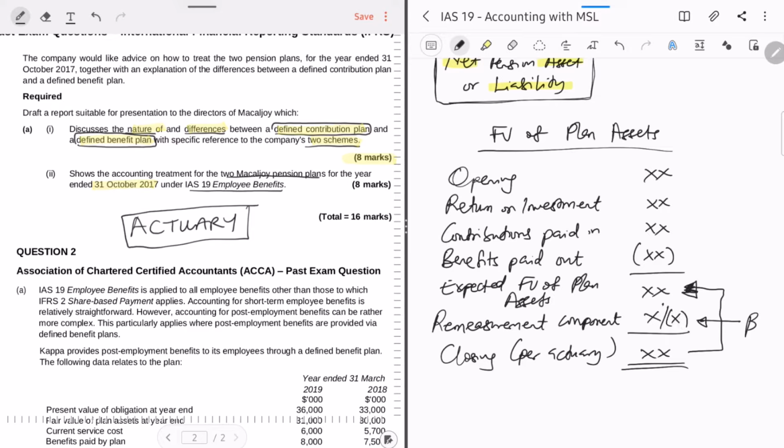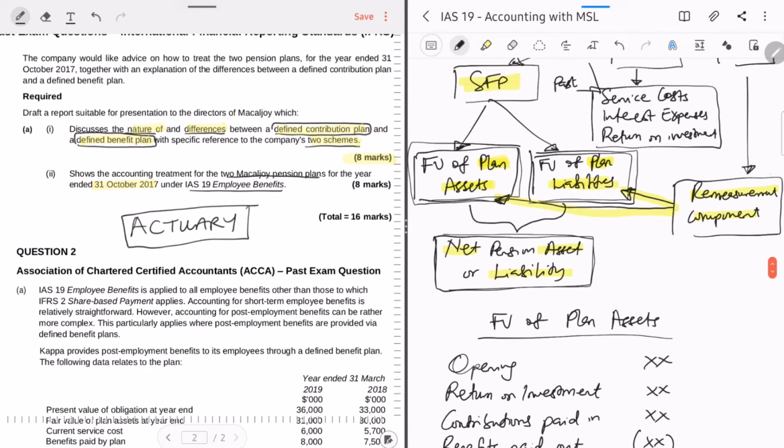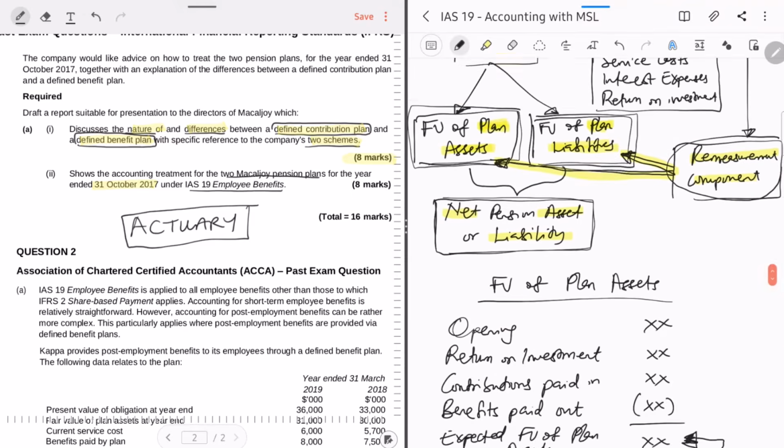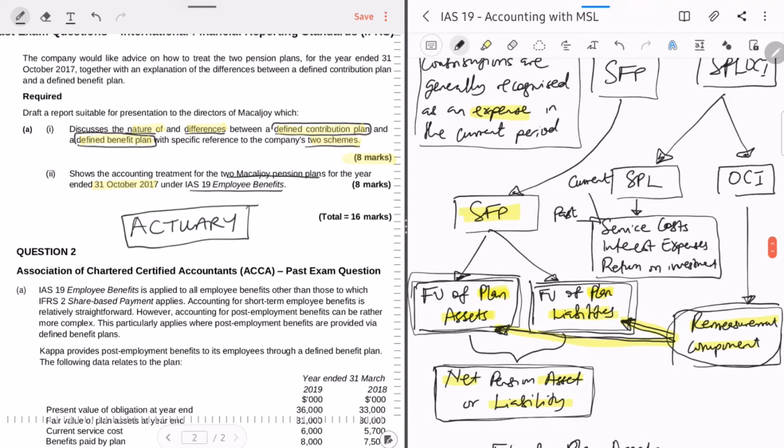So remember here, I said the remeasurement component will arise from the difference for either the assets or the liabilities, right? So here, the remeasurement component is the difference between what you expect the assets to be and what the actuary said it should be, right? So this is it for the assets. Whatever figure you get as the closing per actuary right here is what you bring as fair value of plan assets here.